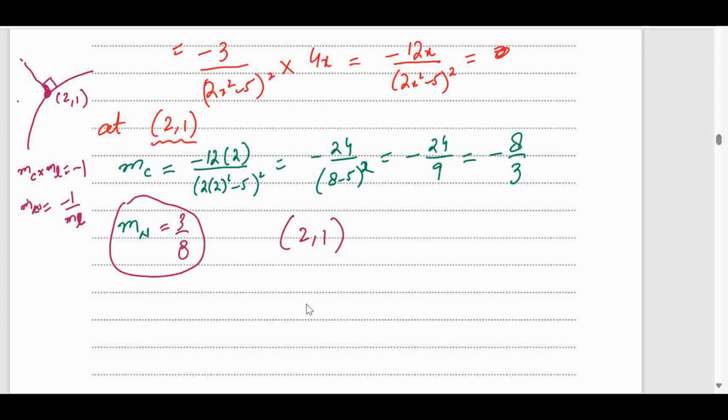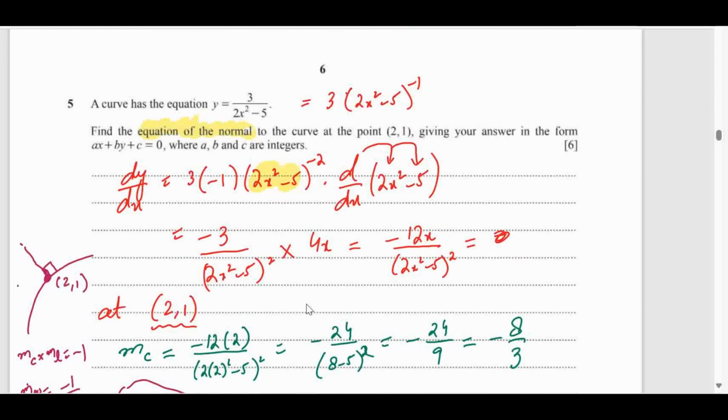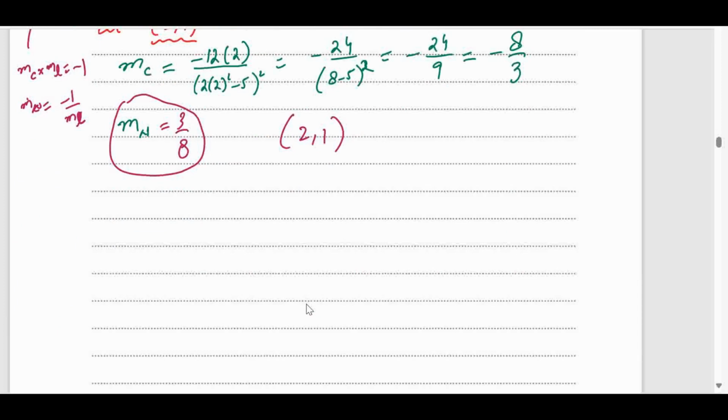Now we need to find out the equation of the normal. For the equation of the normal, we write y − y1 = m(x − x1). We have to use this one. So the point's y coordinate is 1, the gradient is 3/8, and x − 2.